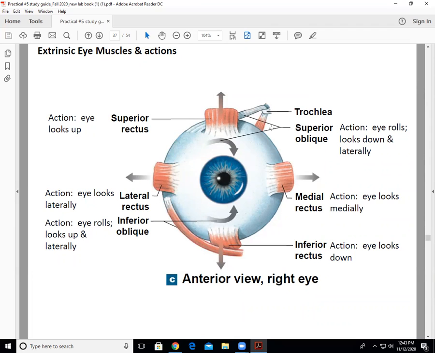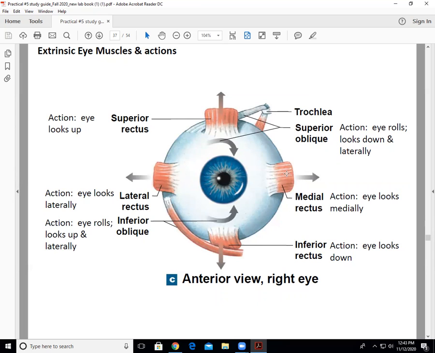Oblique tends to move at an angle, right? So superior rectus pulls your eye up. Inferior rectus pulls the eye down. Lateral rectus moves the eye laterally. Medial rectus moves the eye medially. That should make sense, right?